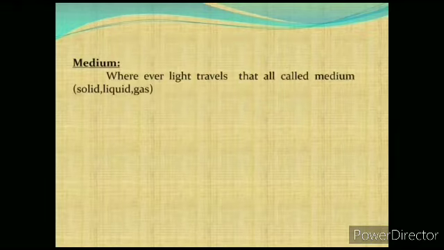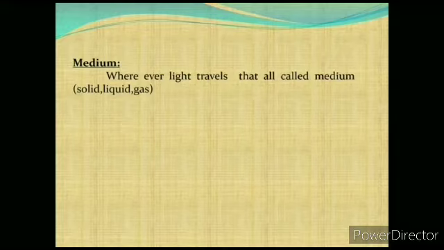Students, now we are going to discuss one more important definition, that is medium. What is a medium? Generally, wherever the light travels, all of that we call a medium. For example, if light travels in a solid, then we call it a solid medium.